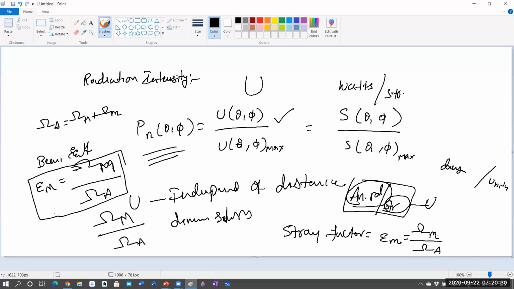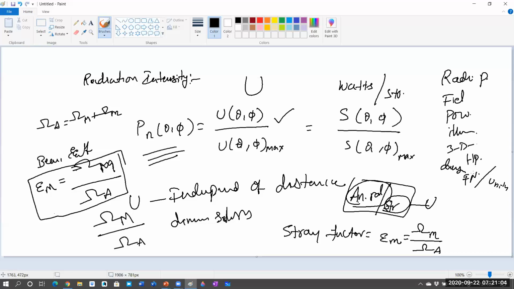These are some of the parameters. All of you please study the radiation patterns, field strength pattern, power pattern, and the illustrated problems, the three-dimensional spherical coordinate system, half power beam width, and first null beam width.